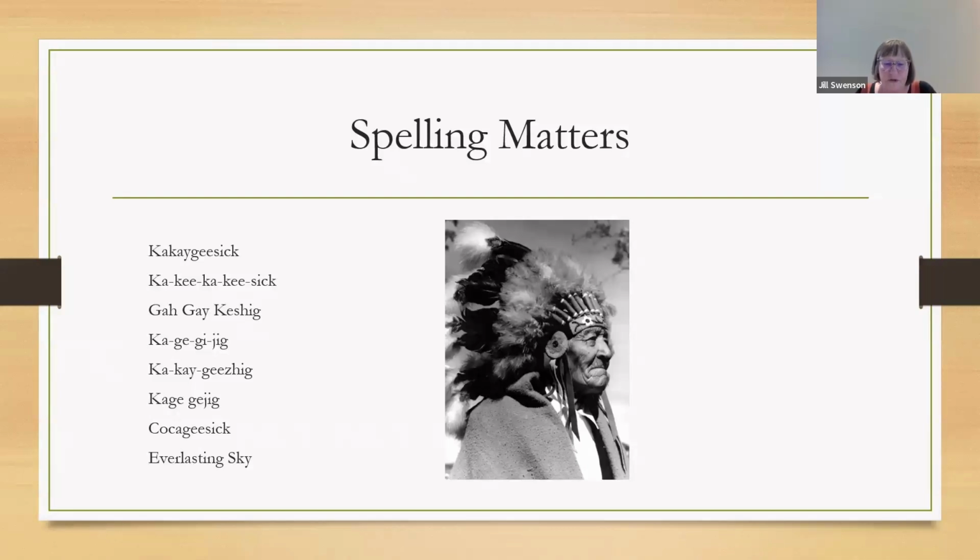Spellings can change over time, not just the names of persons, right? I think about Sioux, S-I-O-U-X. We don't use that word much anymore. We use Dakota or Oceti Sakowin, right? We don't talk about consumption anymore.